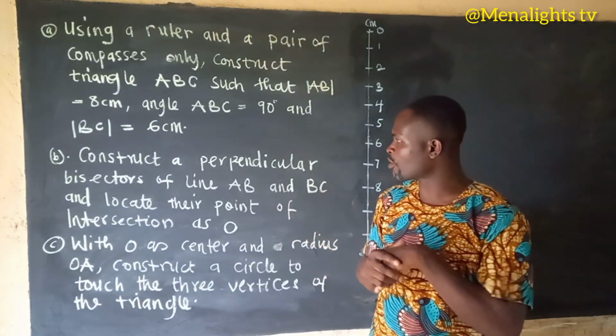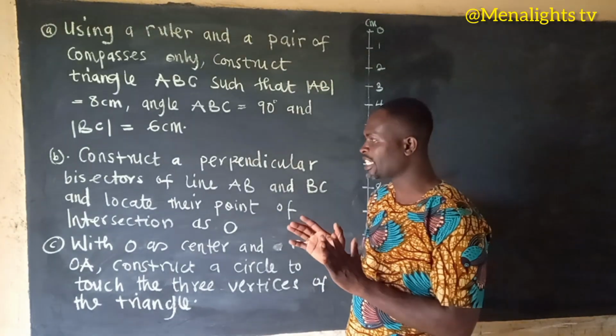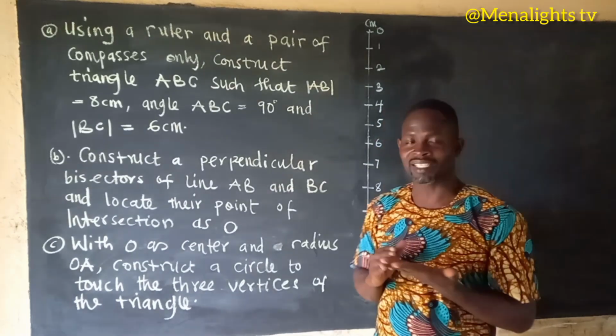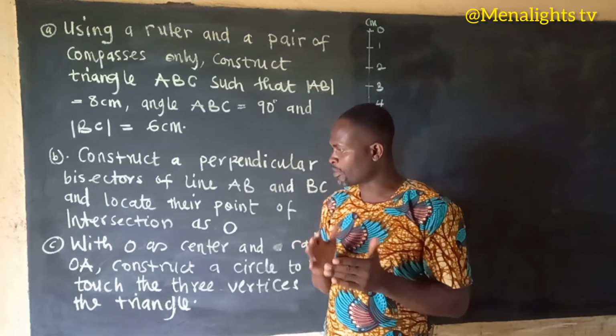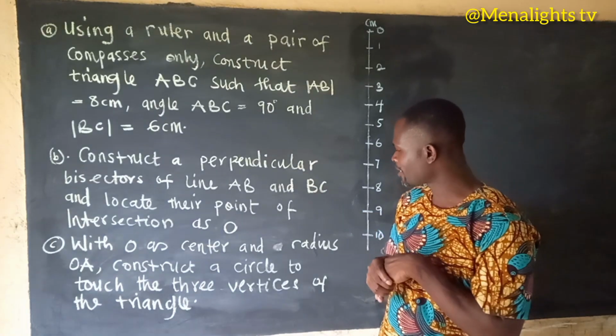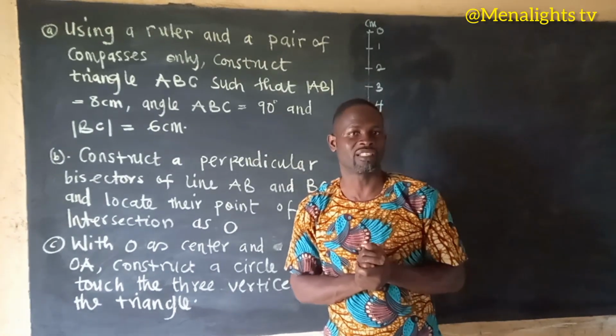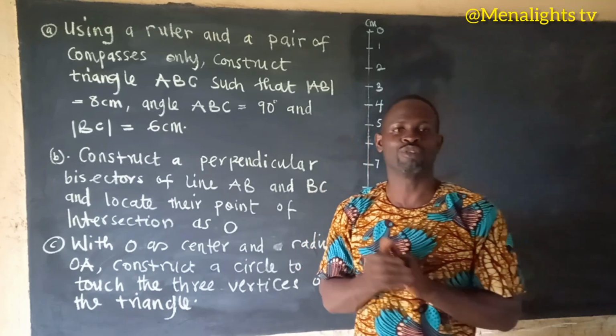After that, you have to construct the perpendicular bisectors of the lines AB and BC and locate their point of intersection as O. Then from there, with O as center and a radius OA, construct a circle to touch the 3 vertices of the triangle. So that's what we are going to do now.